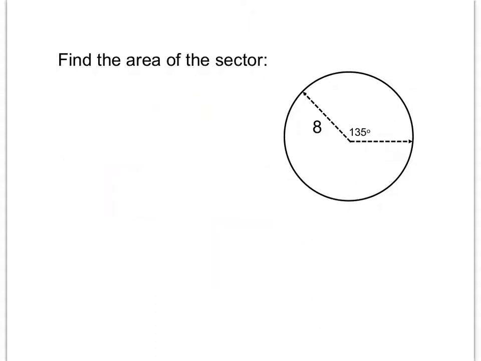Okay, let's find the area of this sector right here. We know our formula is going to be my central angle, or theta, or x, over 360, my total circle, times the area of the circle, pi r squared. In this case, my central angle is 135 over 360.